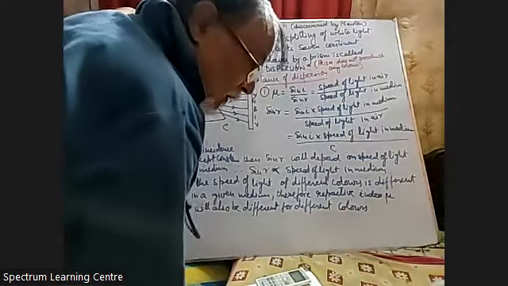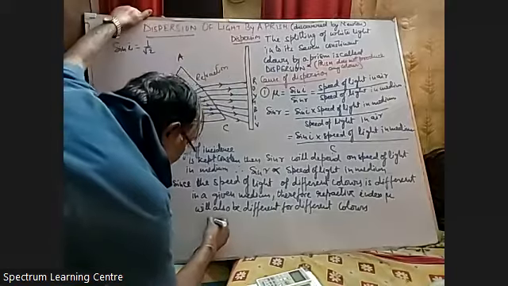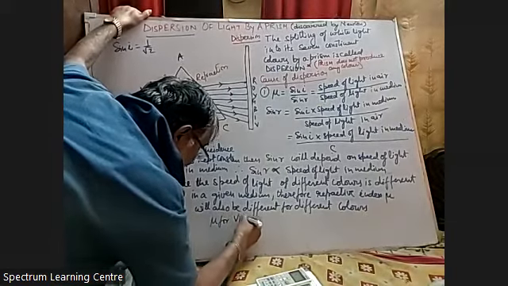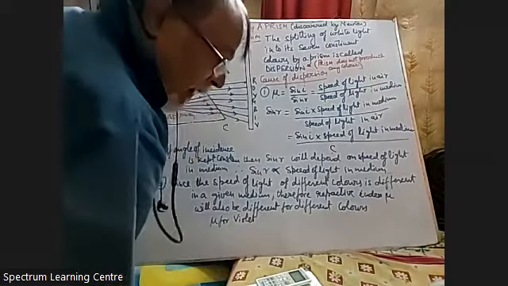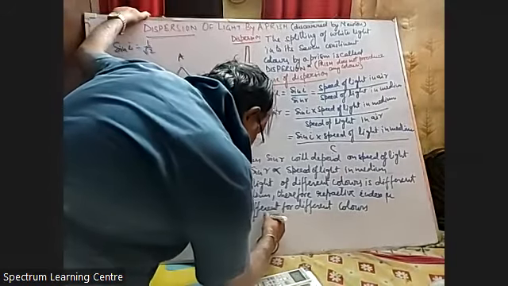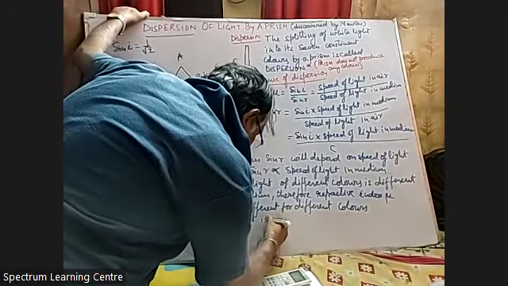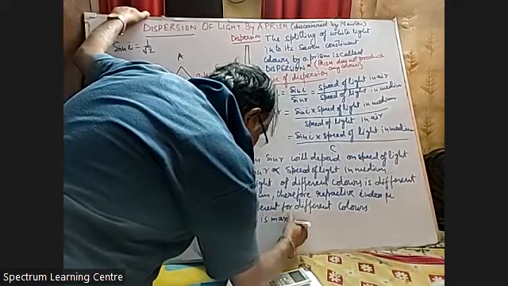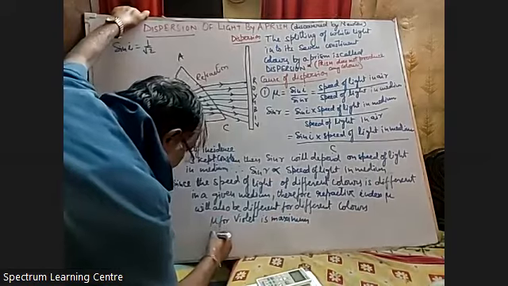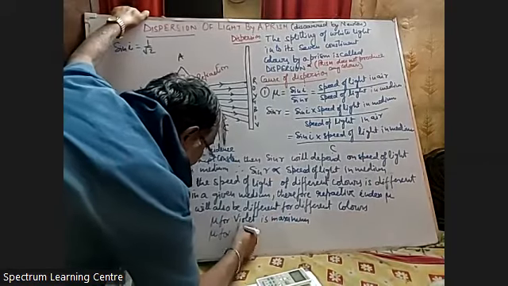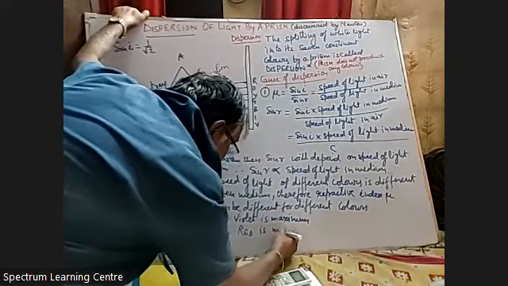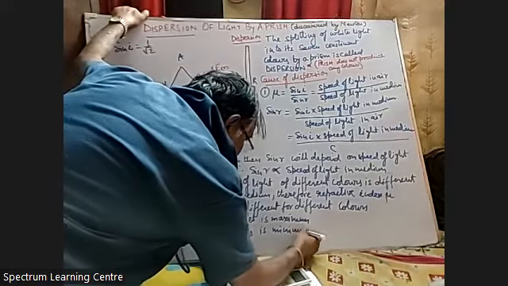Like mu for violet is maximum, and mu for red is minimum.